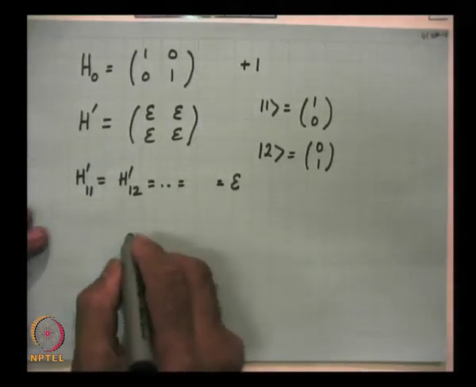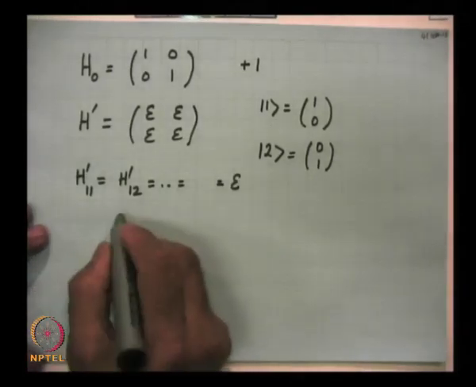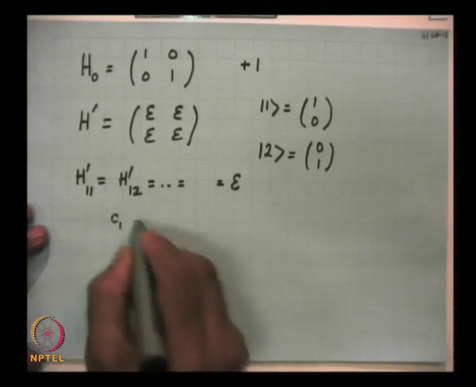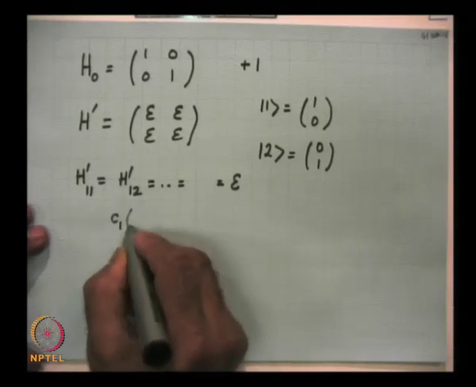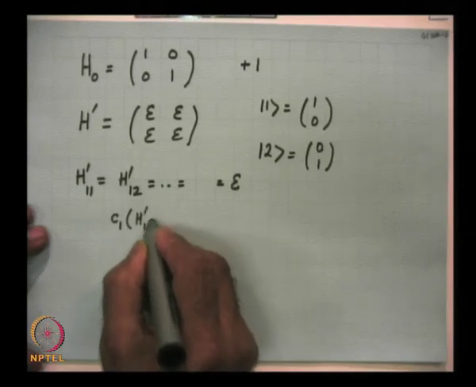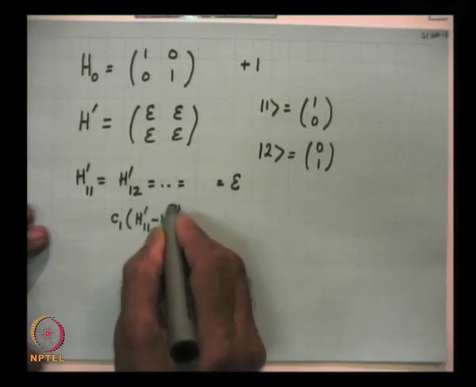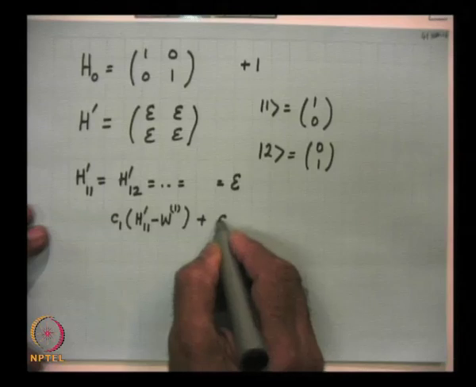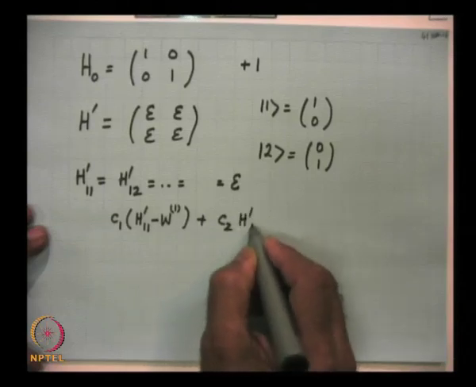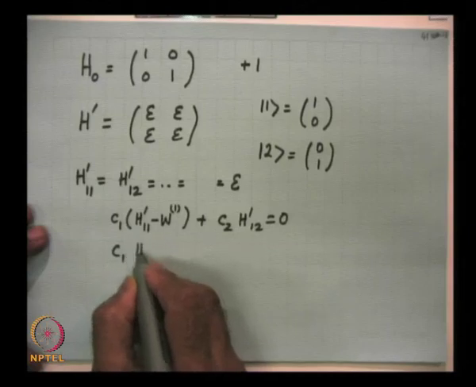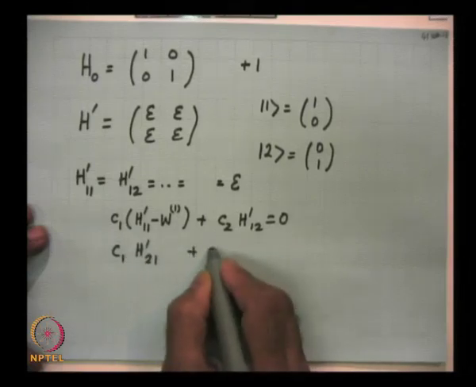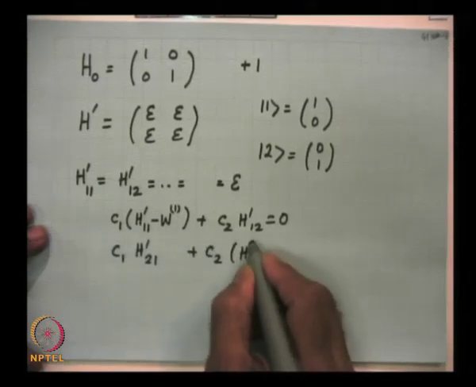So, we set up the secular equation and we found that C 1 (H prime 1 1 minus W 1) plus C 2 H prime 1 2 is equal to 0, and then C 1 H prime 2 1 plus C 2 H prime 2 2.